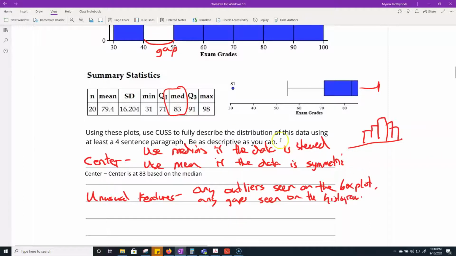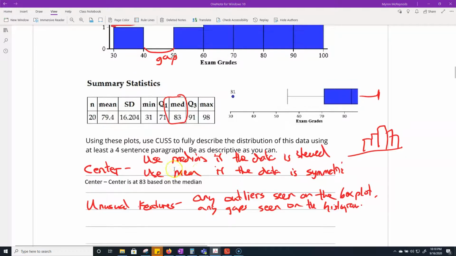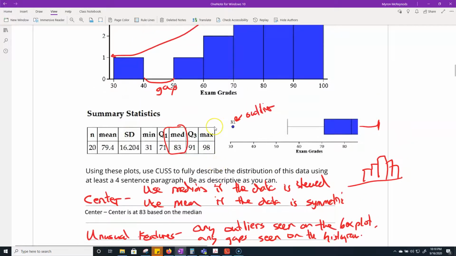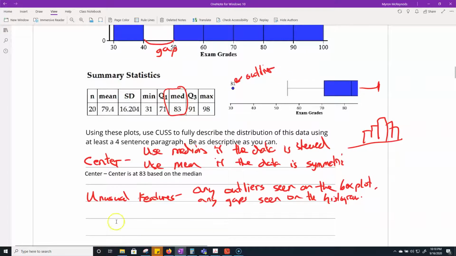Those would be your unusual features. And so there is an outlier here at 31, outlier right there, and there is a gap between 40 and 50. So those are the two things I want to talk about for unusual: outliers and gaps.